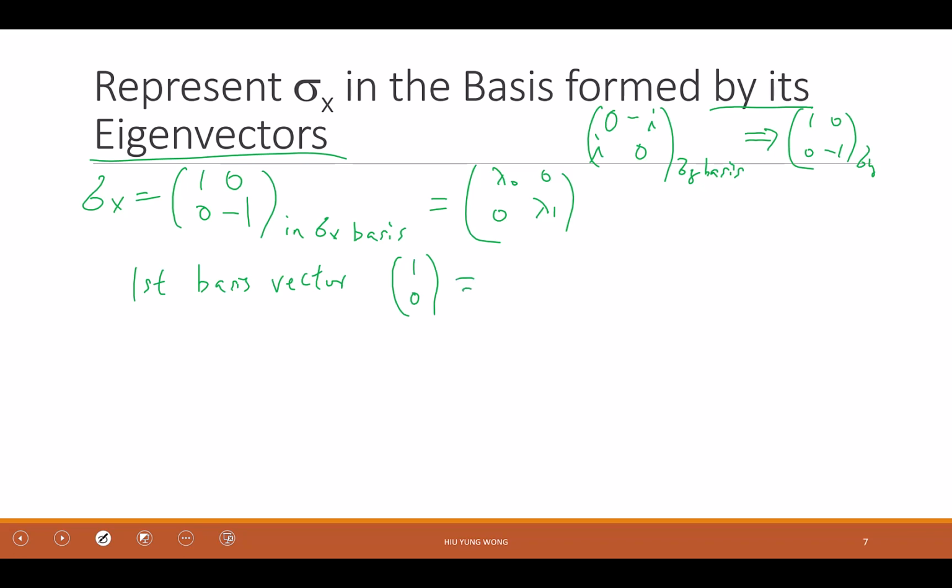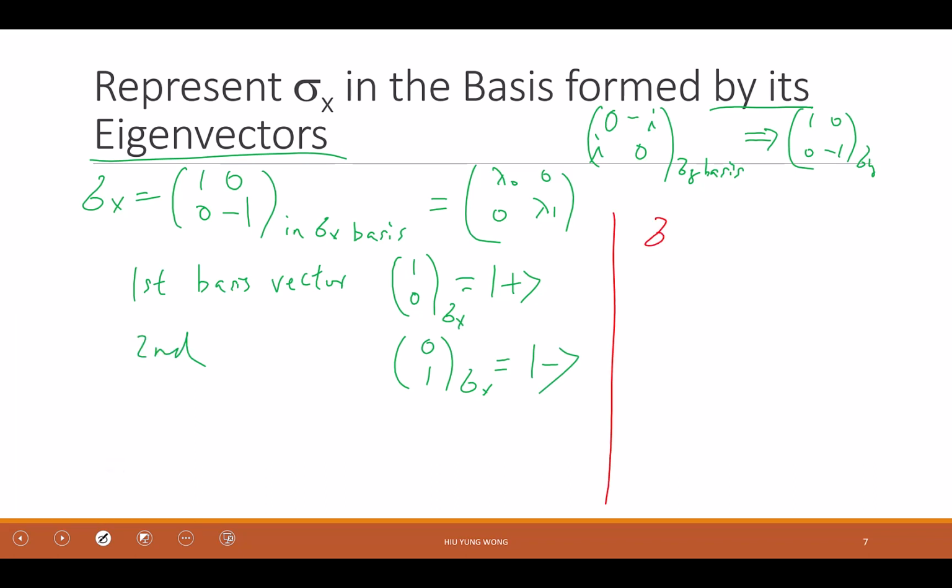But this time, this is not 0, this is plus. Yeah, you see it is 1, 0, but this is the sigma x basis. Okay? And then the second basis vector is going to be 0, 1. And this is minus. Contrast what we learned earlier for sigma c.